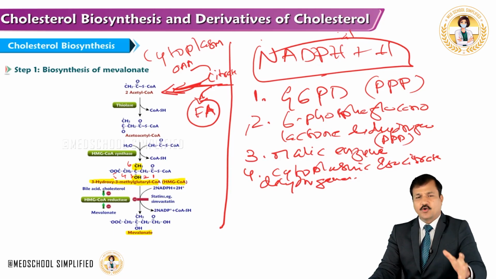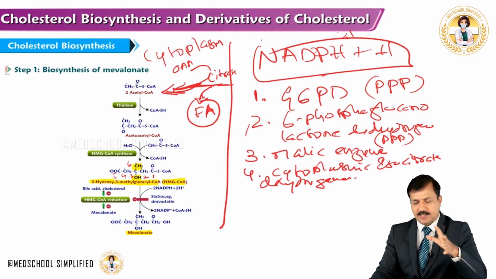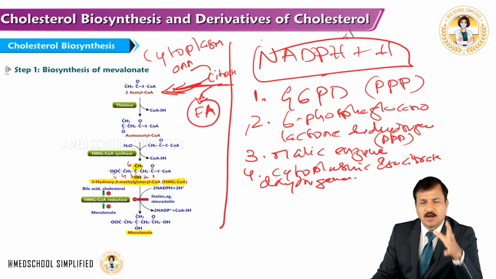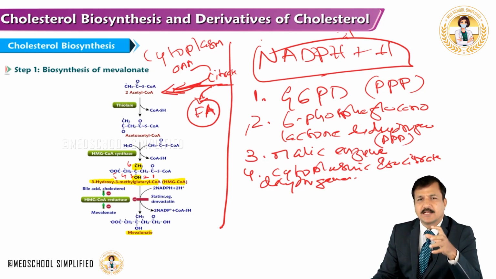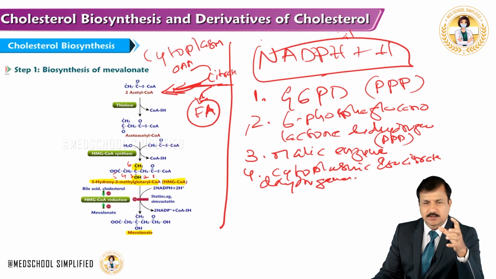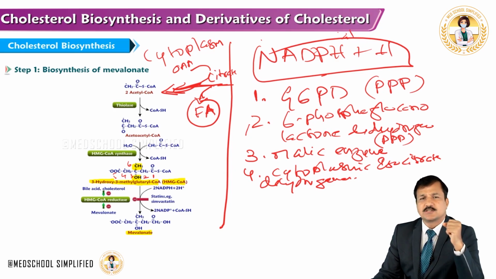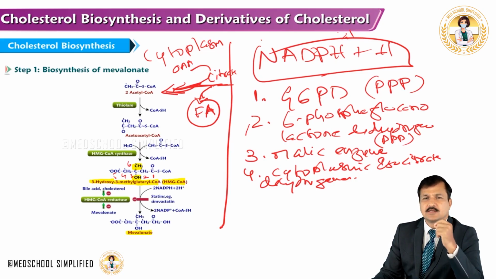So these are the 4 enzymes which are there in the cytoplasm. All of them will give NADPH H plus, and that NADPH H plus will go into reductive biosynthesis pathways, and one of the reductive biosyntheses in our cytoplasm is cholesterol biosynthesis that we are looking at now.